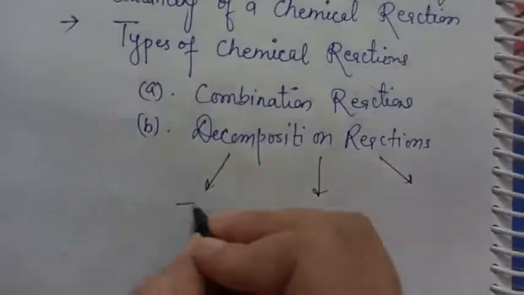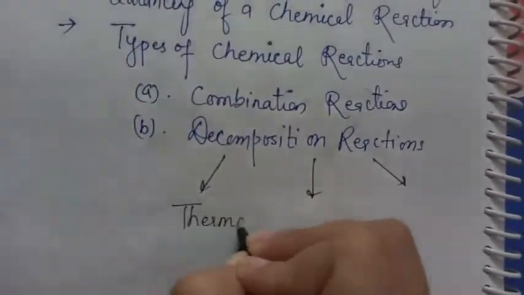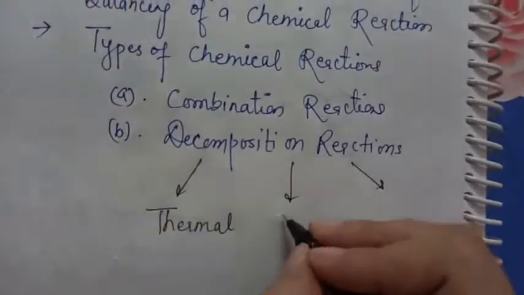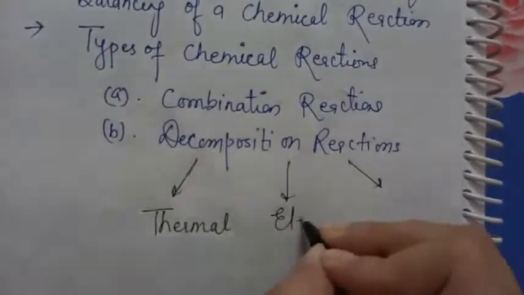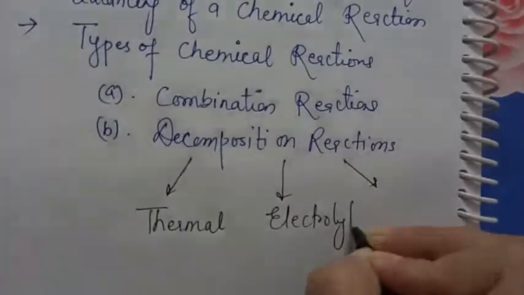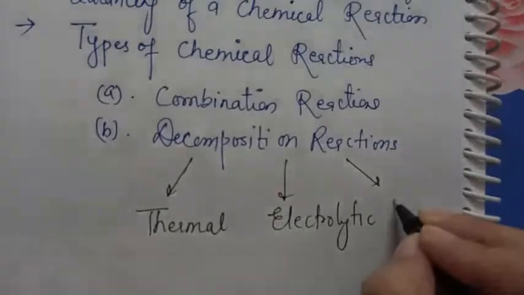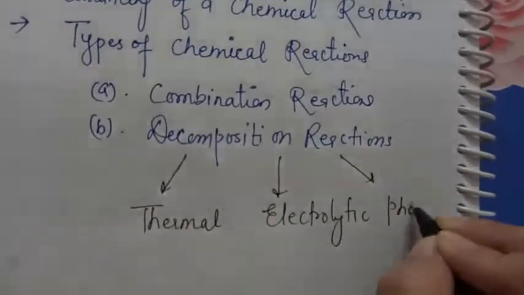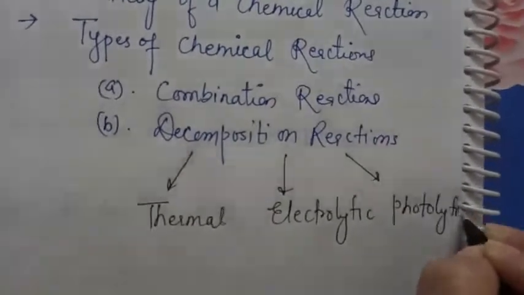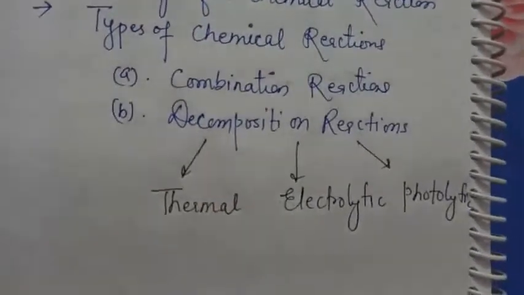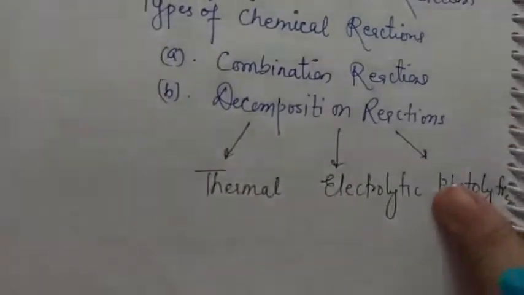That is, the first is called as thermal decomposition, second is called as electrolytic, and the last is photolytic. You can reverse the order, that is not going to make any change on this.